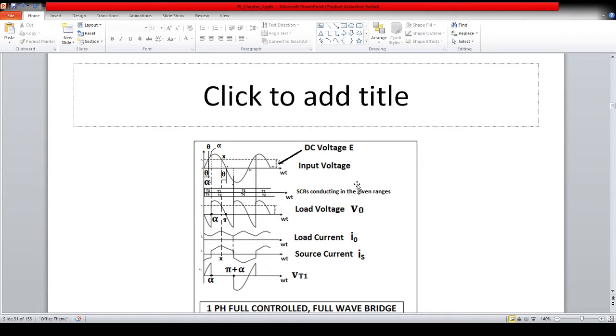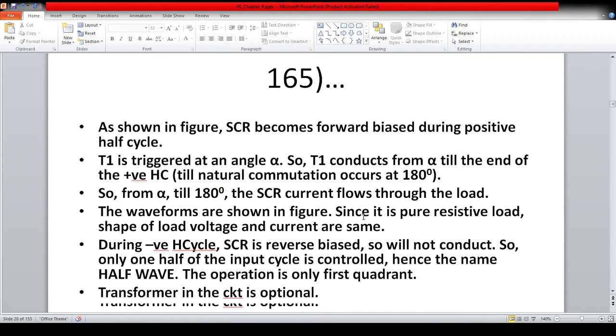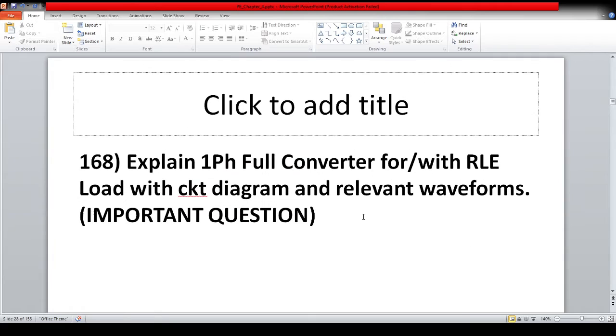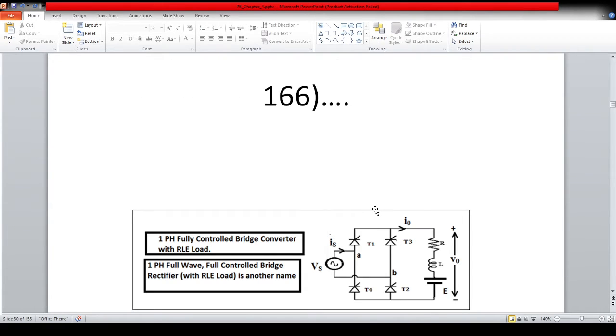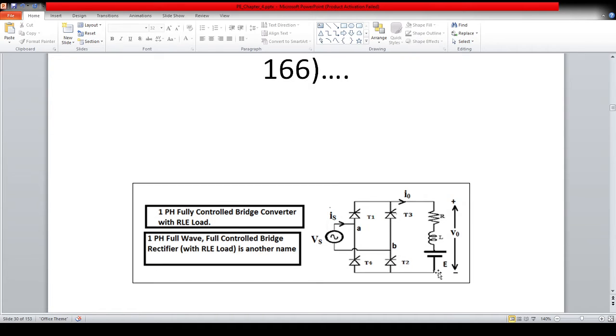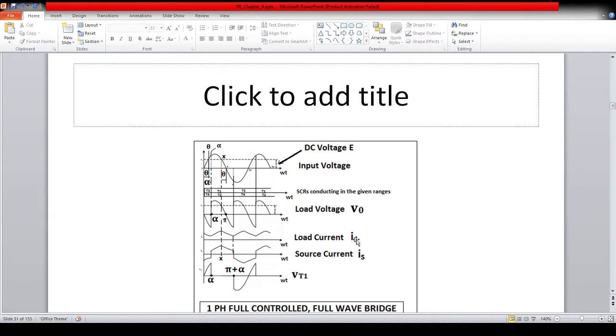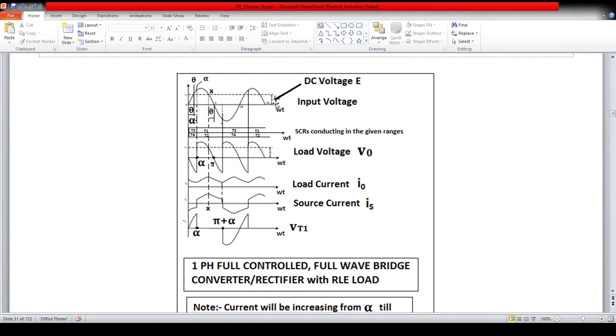Say we fire T1 and T2 at alpha. Note that alpha should be above some value theta. Theta is here. See, this is the DC voltage level.